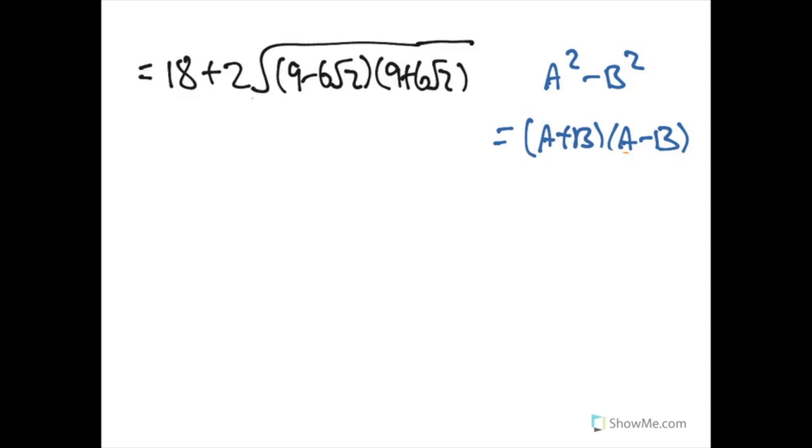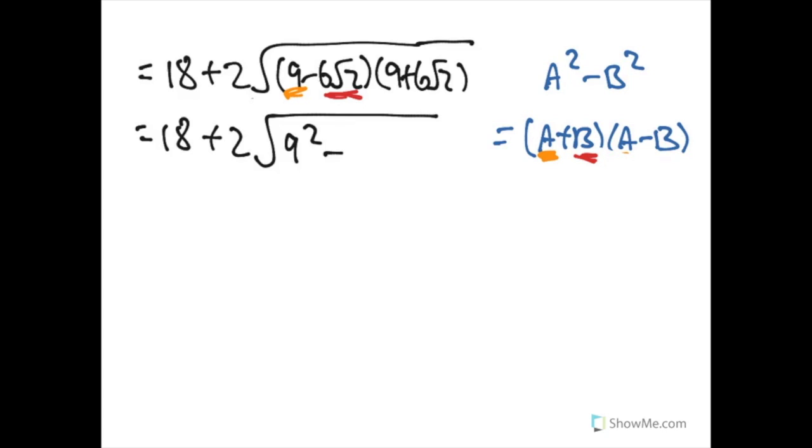We are going to use this as a fact here, because as you can probably tell, a over here is 9, and b over here is 6 root 2. So this is equal to 18 plus 2 times the square root of 9 squared minus 6 root 2 all squared.